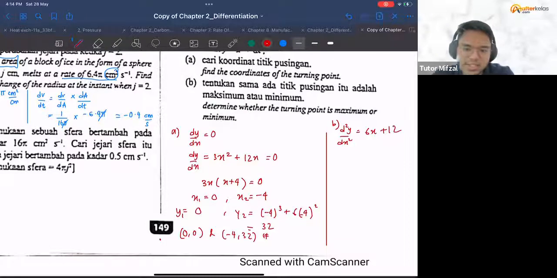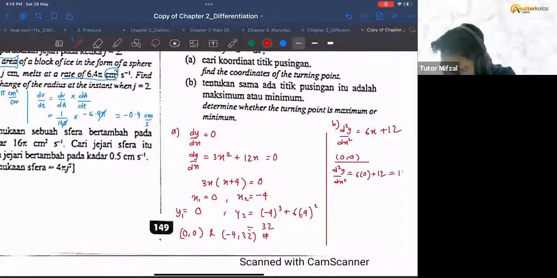Okay, what's next? Now, you have two values of x, equivalent to 0 and x equivalent to negative 4. So you substitute the first value, 0, 0. So d squared y over dx squared, you should get 6 times 0 plus 12.